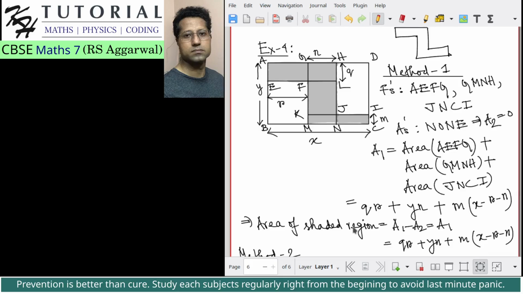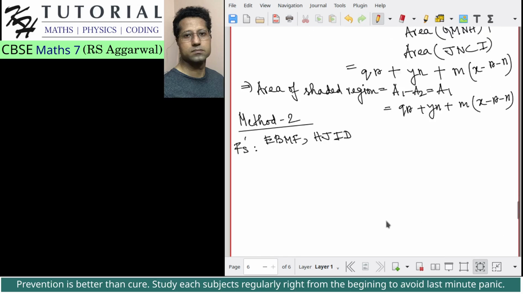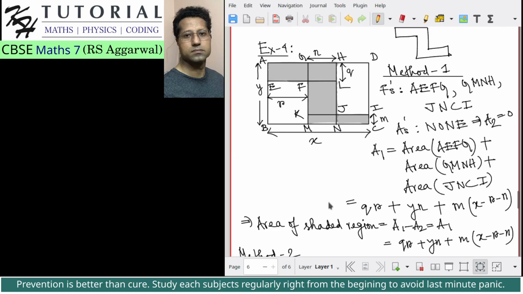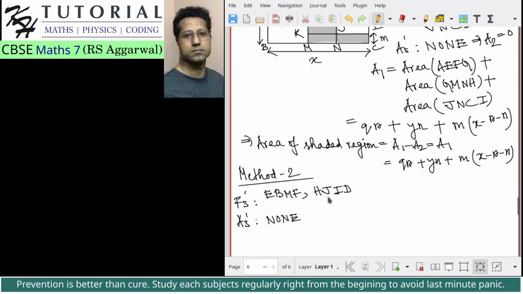EB, we also need to know BM. BM we know is R. Since there are no overlapping regions, the two unshaded rectangles are not overlapping, so this implies A2 is equal to 0.